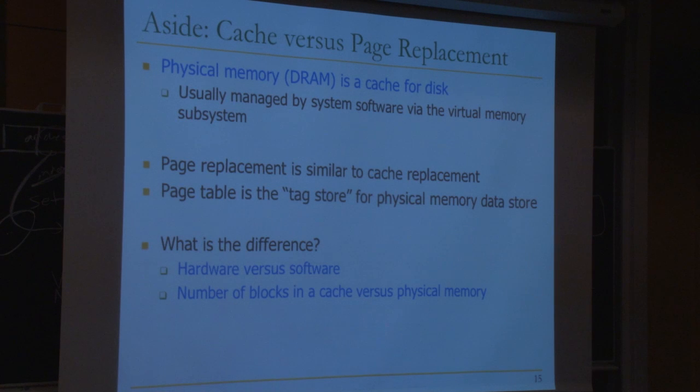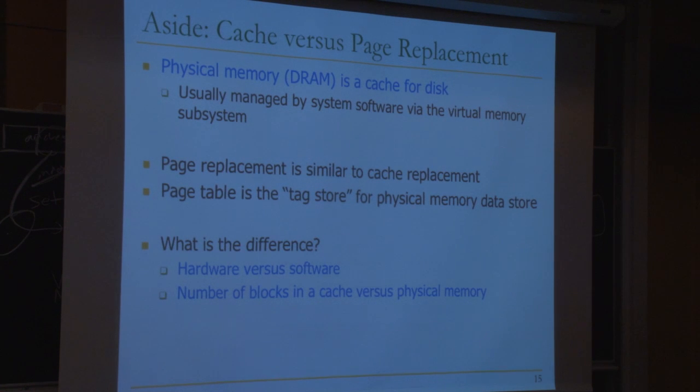Number of blocks in a cache versus physical memory, that's a big difference, right? In physical memory, you have 4 GB physical memory, let's say, and you have 4 KB pages. How many pages do you have? Lots. So if you want to design a replacement, and usually physical memory is not designed as set associative, right? Page table, if you look at it, any virtual page can map to any physical frame.